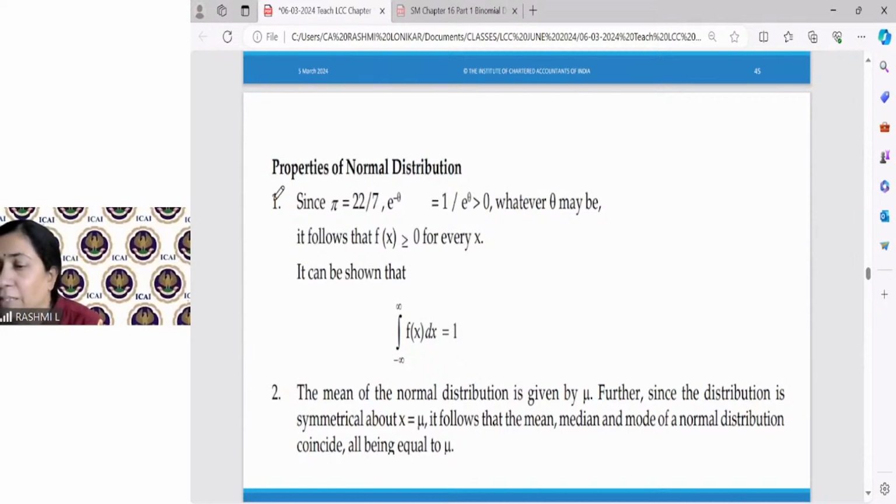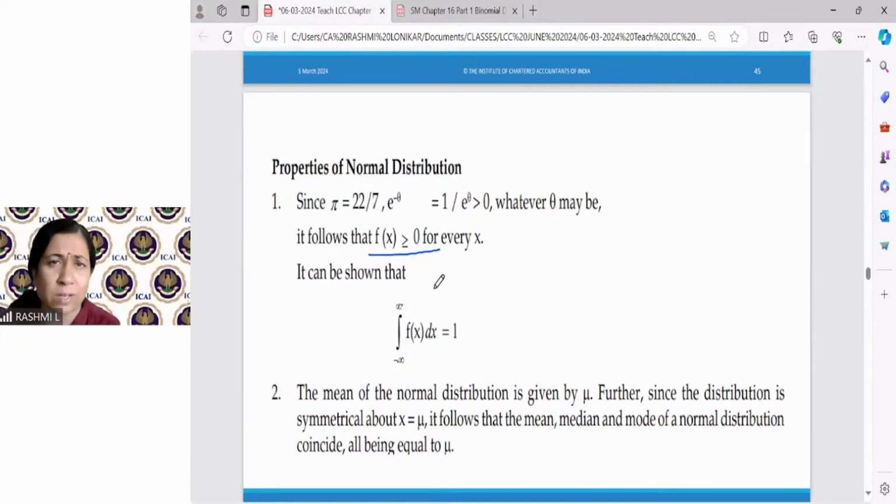Now, let us see the properties. Pi is 22 upon 7, and e raised to minus theta, which is 1 upon e raised to theta, is always greater than 0. So it follows that f(x) is always greater than or equal to 0. And if I integrate f(x) dx from minus infinity to plus infinity, it is going to give me 1. This is only for theory.